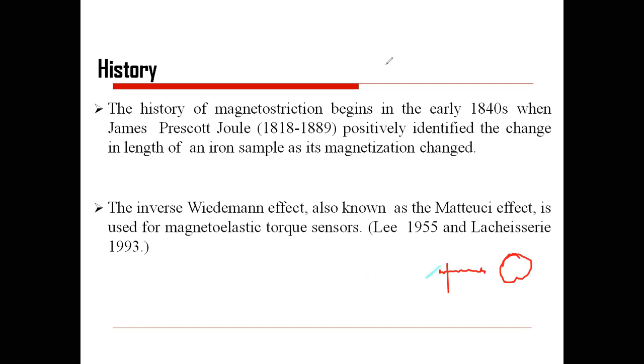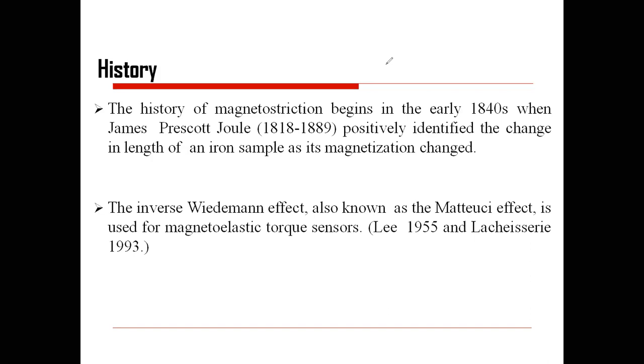This also has an inverse effect, and this inverse effect is also specified as Villari's effect. So the inverse Wiedemann effect, also known as Villari's effect, is the next one. That is the inverse only.